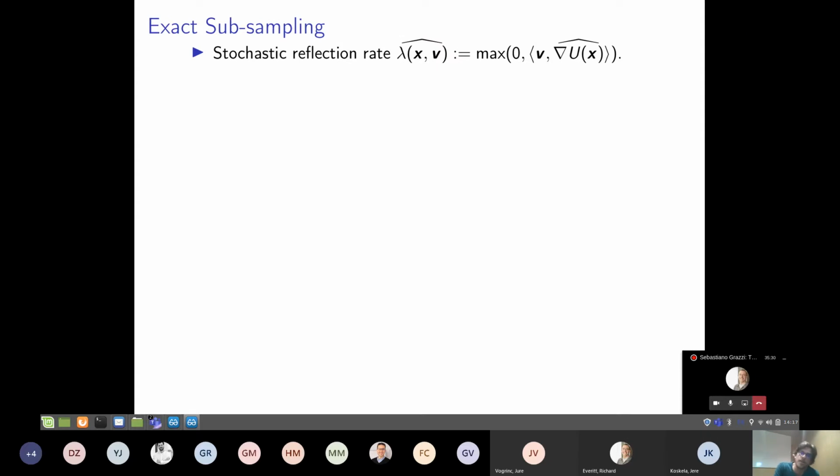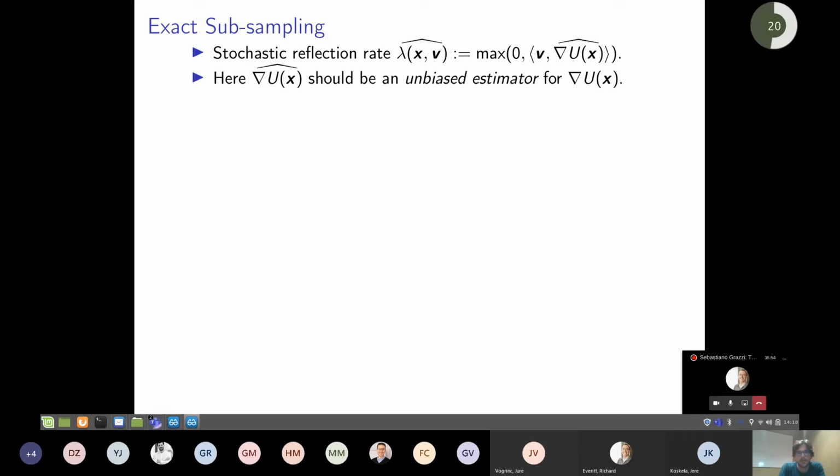Yes, so for exact subsampling, you already know what it is. Here is one slide. Basically, when the gradient of the potential is either intractable or requires a lot of computational effort, we may take an unbiased estimator of the gradient of the potential.